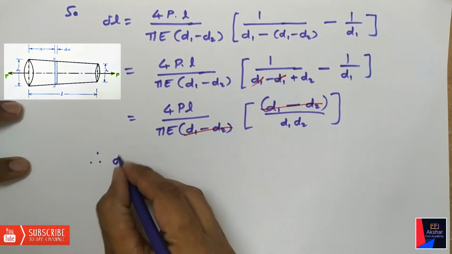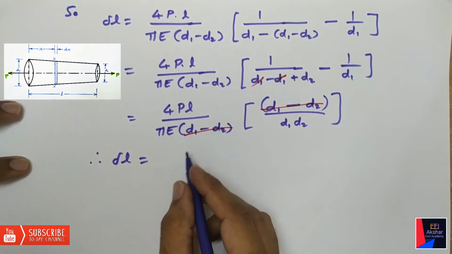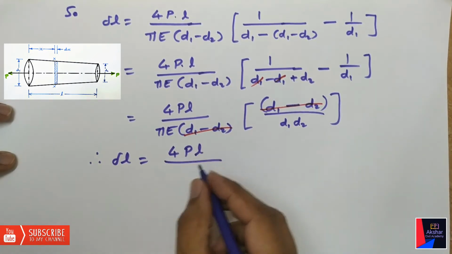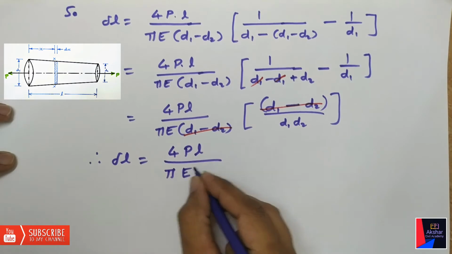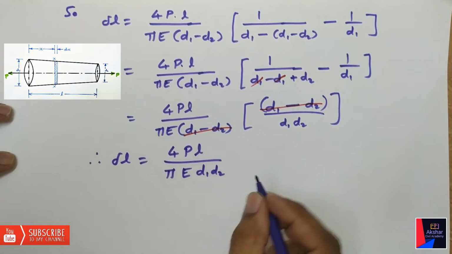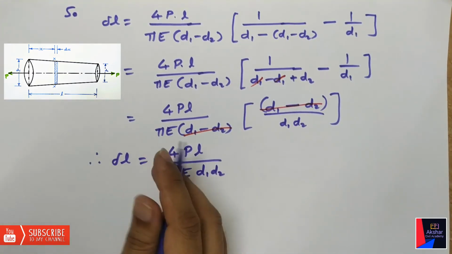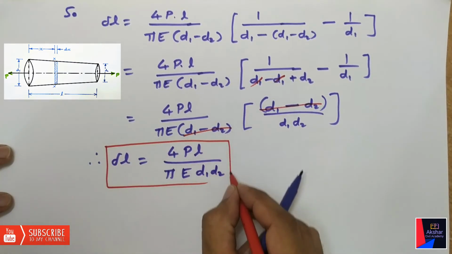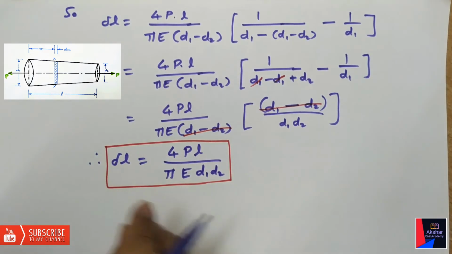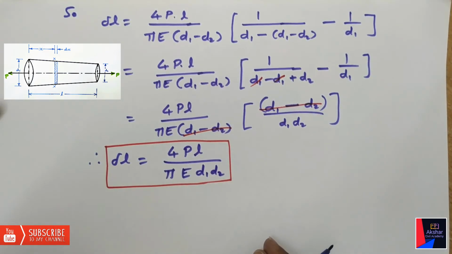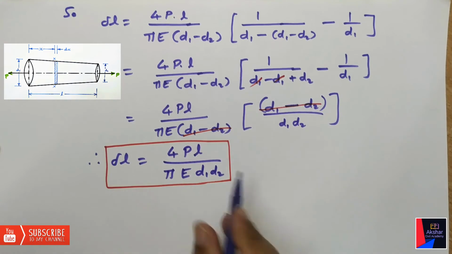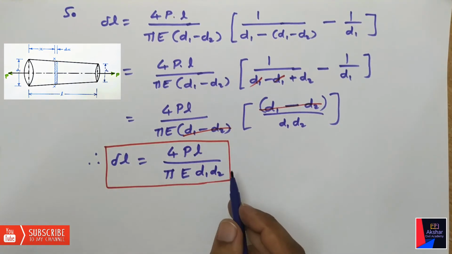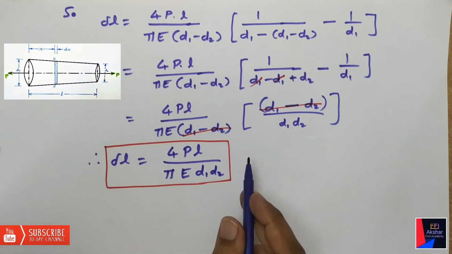That's why ultimately we will get del L equal to 4PL upon pi E d1 d2. Okay, so this is the final equation of total elongation of the bar of uniformly tapering circular section. Clear? So this is the equation of deformation for the bar of uniformly tapering circular section.